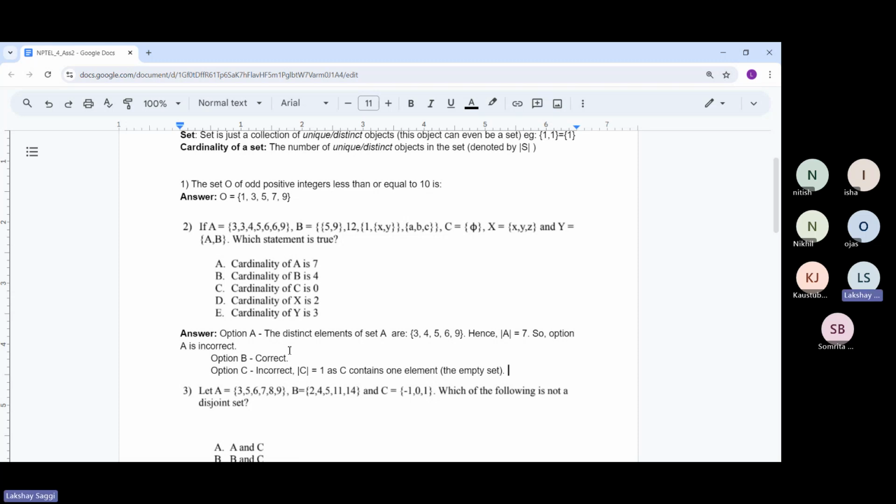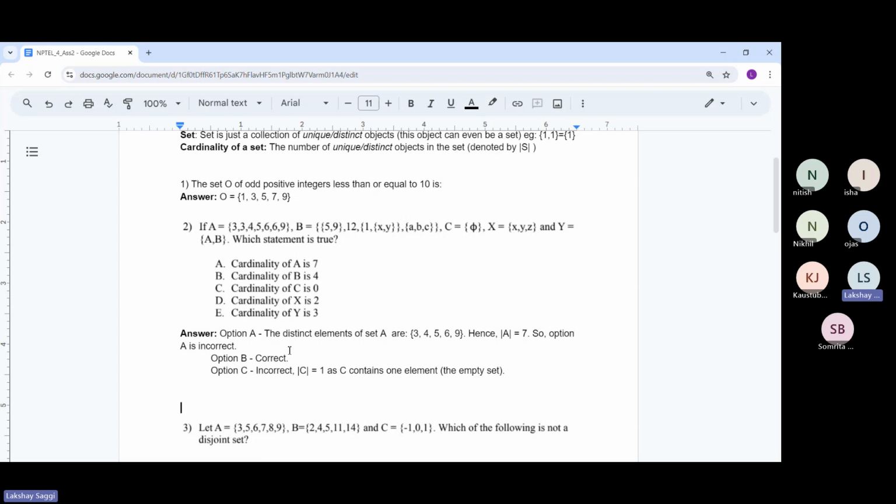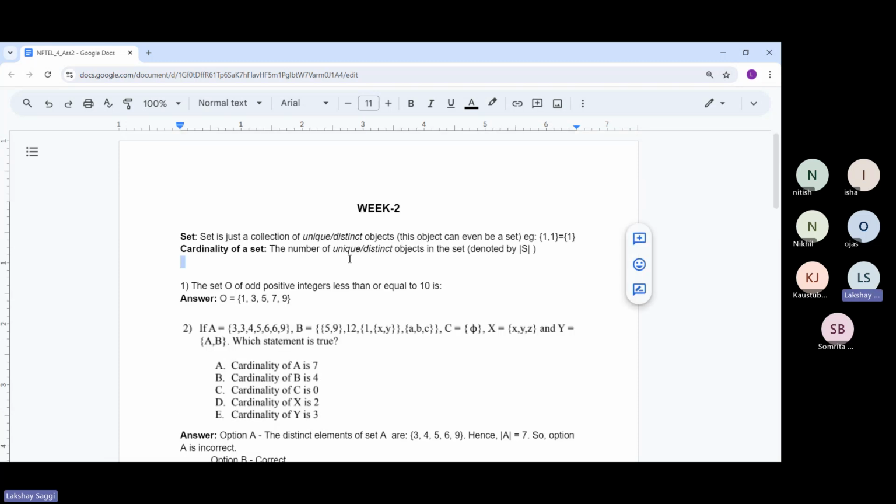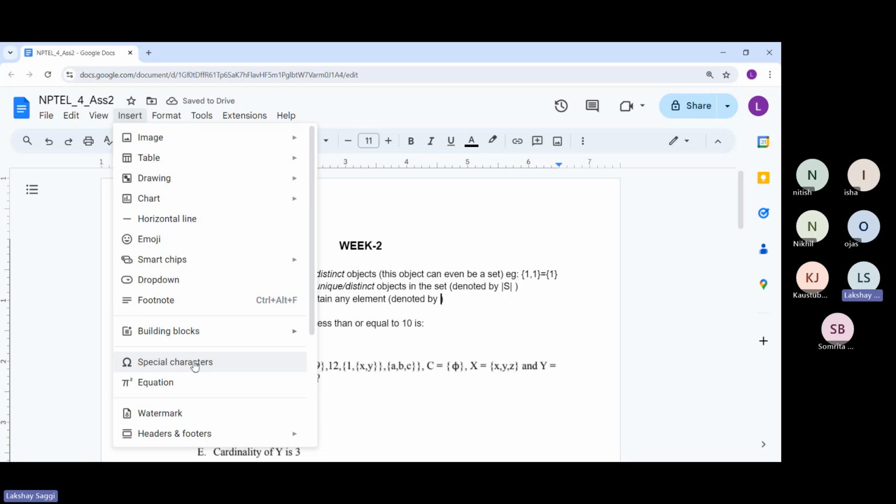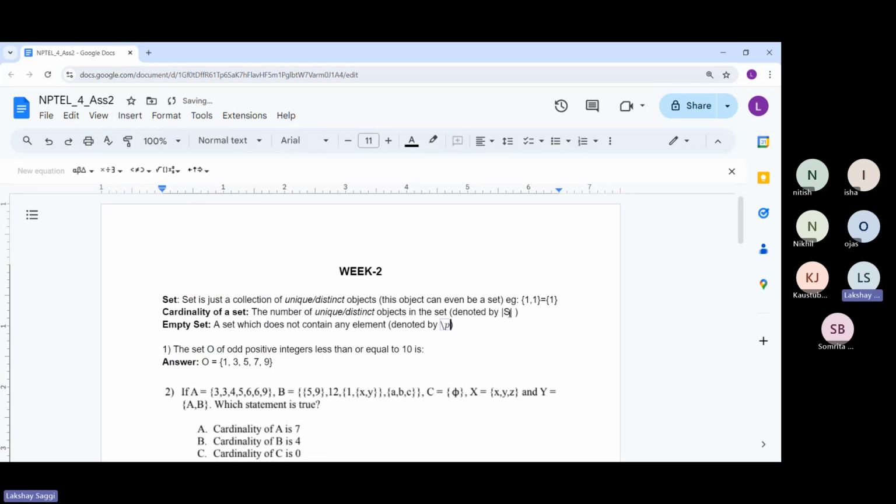Maybe I should write here, what is the empty set? The empty set is a set which does not contain any element. And generally, how do we denote the empty set? It is generally denoted by phi, and maybe I should just write it.